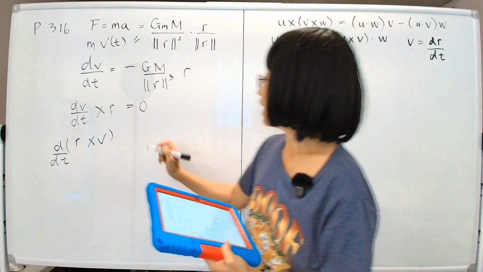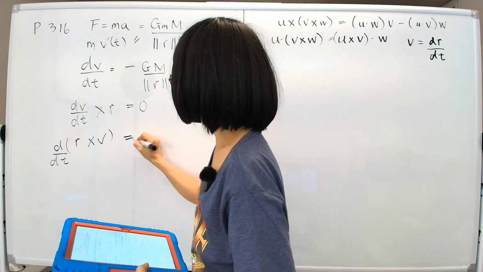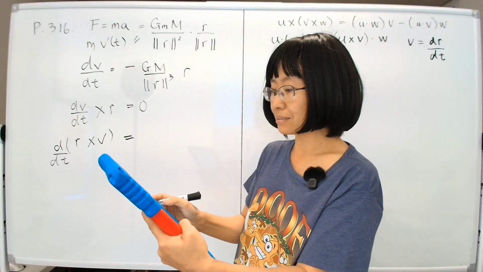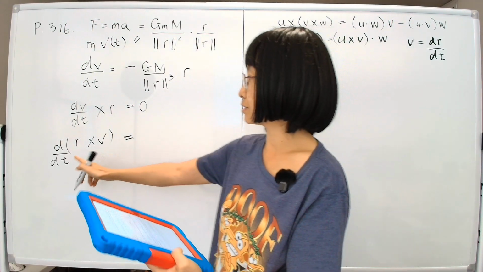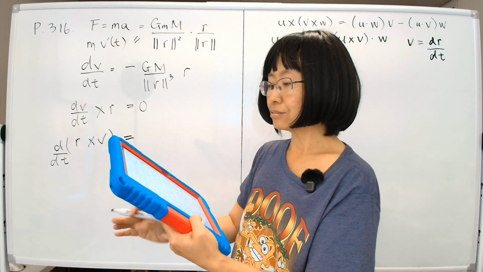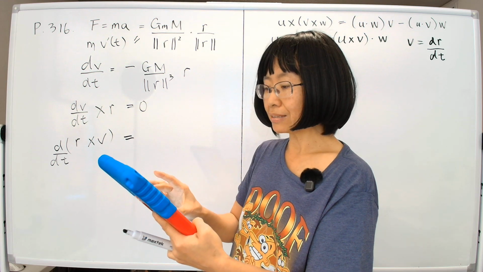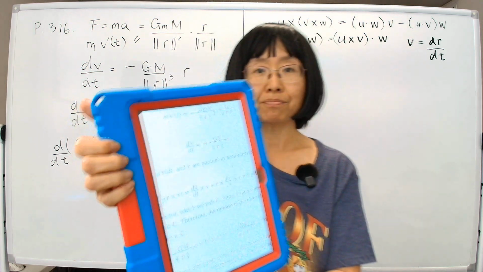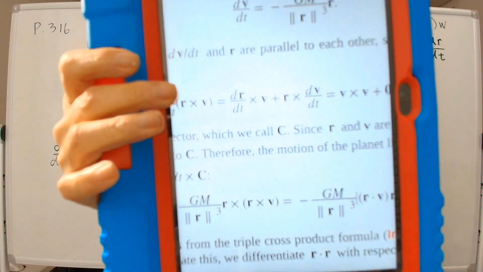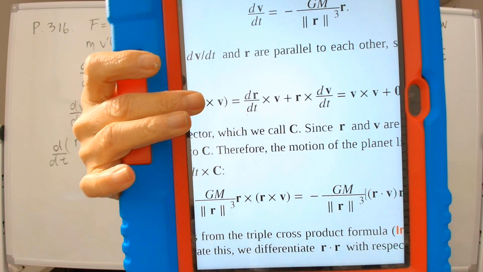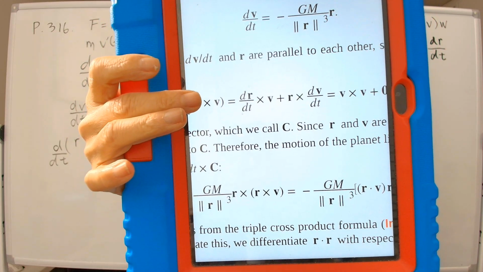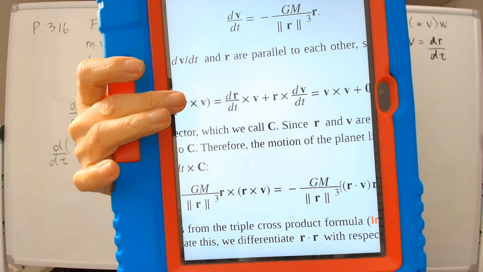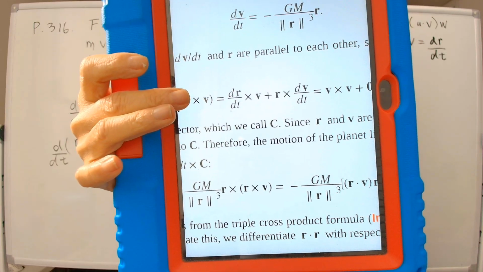Get used to it. Anyway, so we are calculating r cross v, and we're going to take the derivative of that. Now, to do that, we are going to apply the derivative rules, which state that we can take the derivative in order, right? Just like the regular product rule, we'll do dr dt cross v, and then r cross dv by dt.